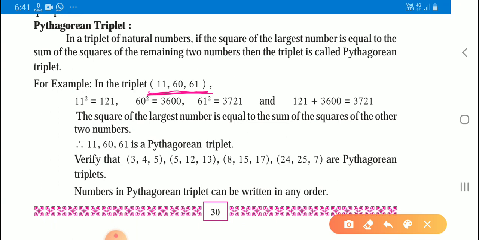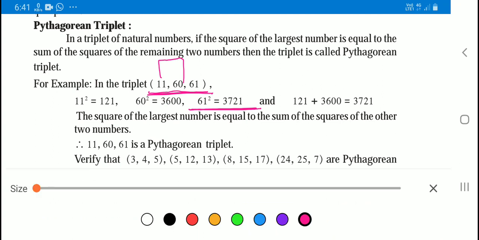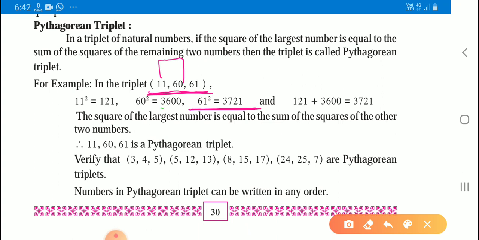So we will first find the square of 61, that is 3721. Now we have to find the squares of the remaining two numbers. 11 square is 121 and 60 square is 3600.